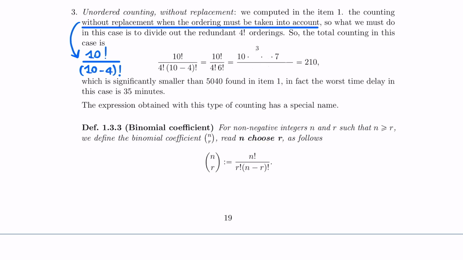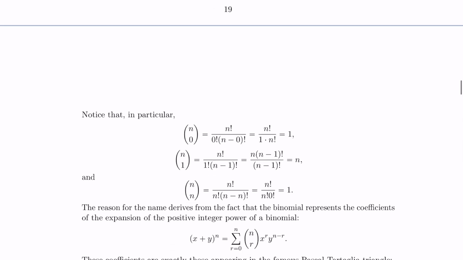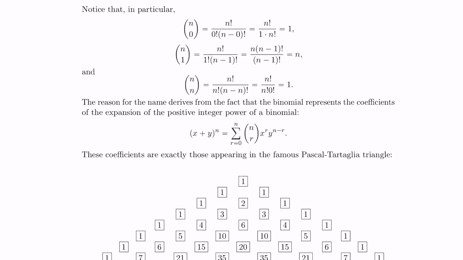Its mathematical expression is this one here, that is the fraction between n factorial and r factorial times n minus r factorial. There are some particular expressions of the binomial coefficients that you can see here. As a nice and useful exercise, you can check that n choose 0 is 1, n choose 1 is n, and n choose n is 1.